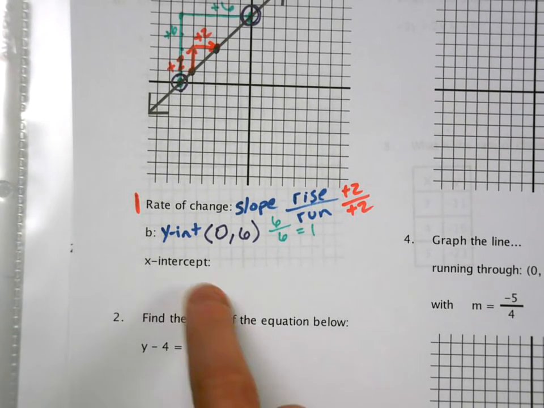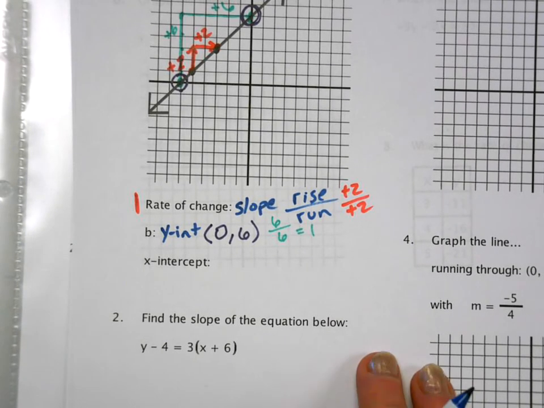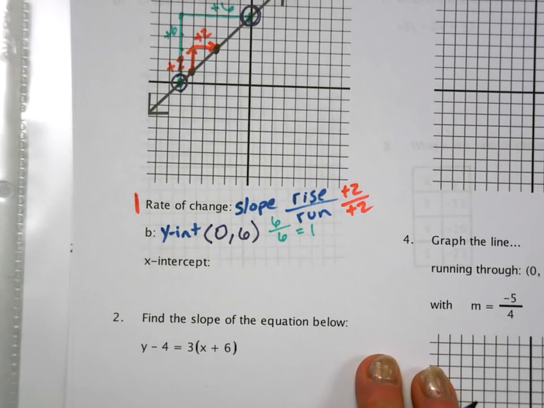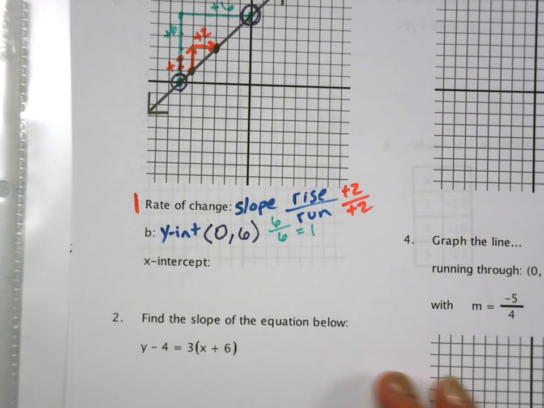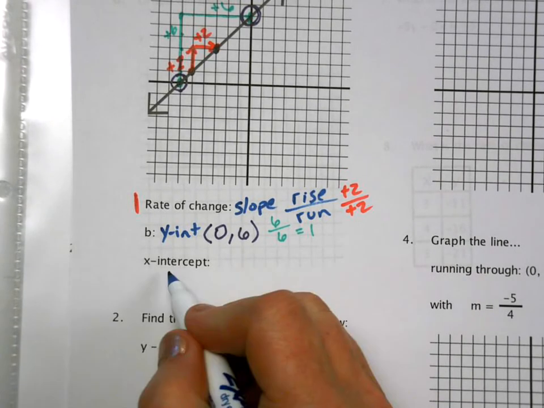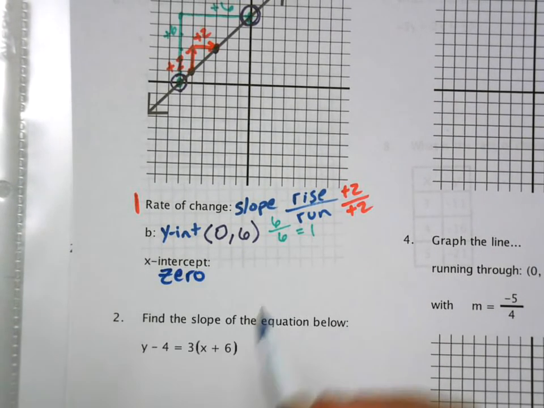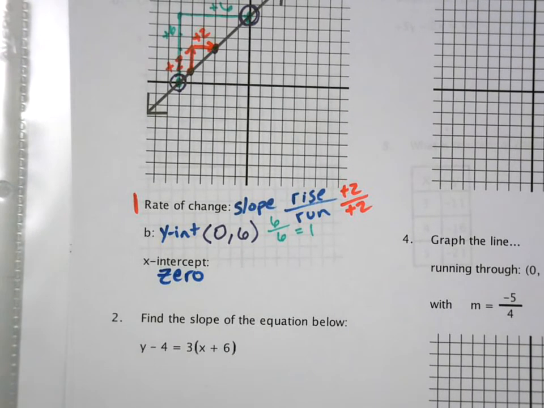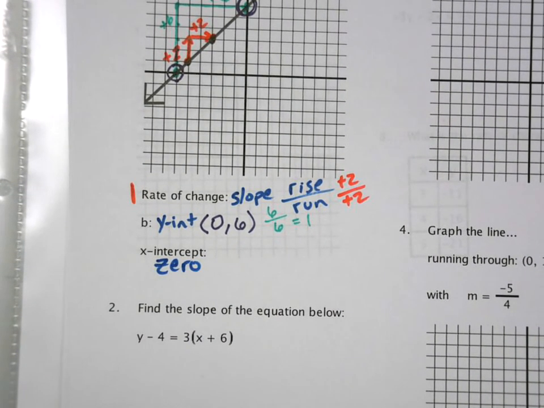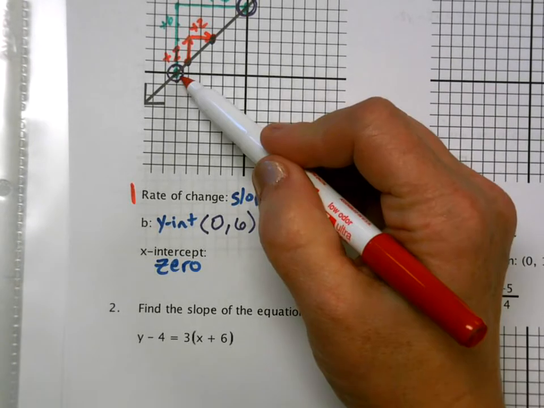So the x-intercept, what's another word that we call it? The 0. Okay. So the 0 is another word for the x-intercept. So if it's asking you for the 0, what is it asking you for? The x-intercept. Okay.